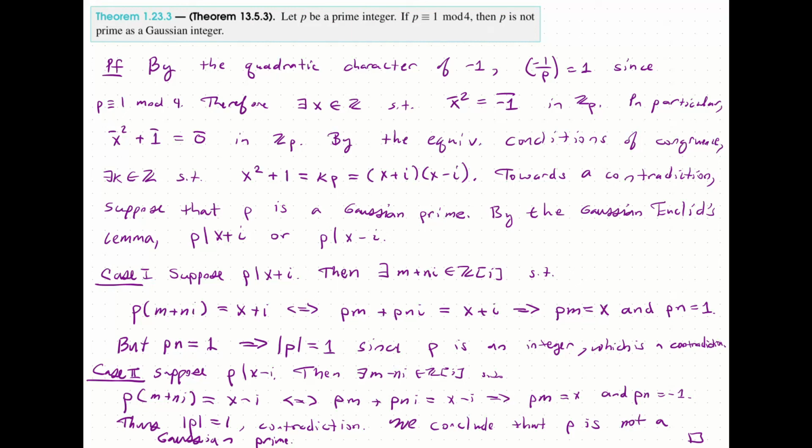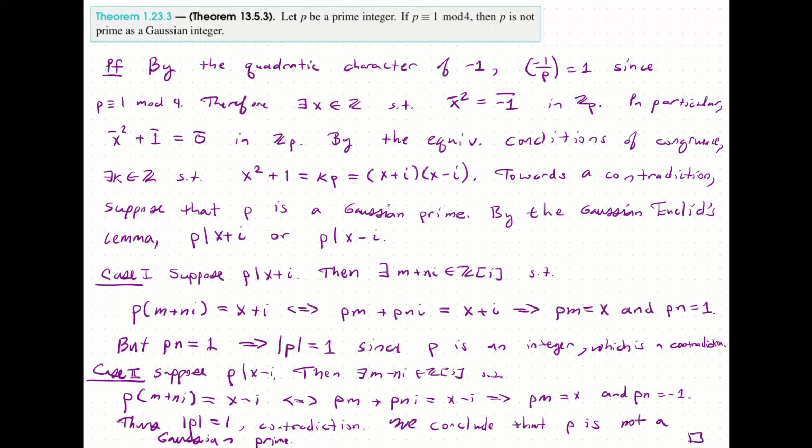And so if we were to prove Fermat's sum of squares theorem using theorem 1.23.3, we essentially are doing a circular argument because we assume Fermat's sum of squares theorem here to prove it later. And so that would not give us logically a new proof. And so as a result, we went ahead and proved this directly without having to adhere to Fermat's sum of squares theorem.